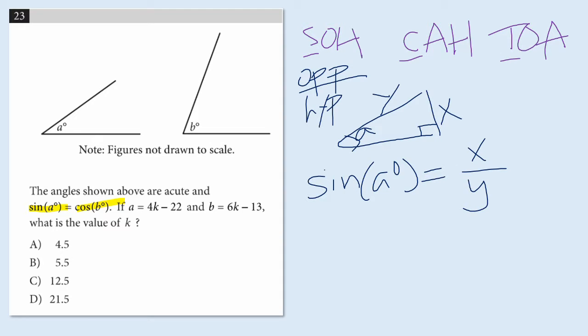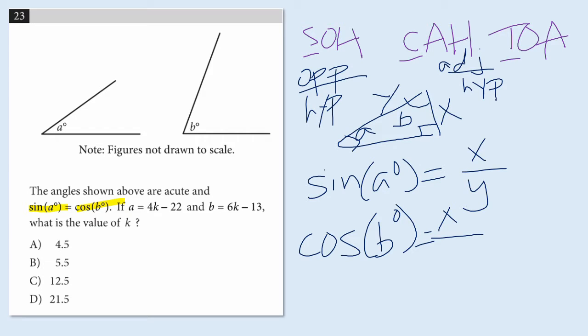Well, I realized that A and B are actually complementary. In this right triangle, I said, what if that angle was equal to B? What would happen? Well, we know that the cosine of angle B is going to be the adjacent over the hypotenuse.